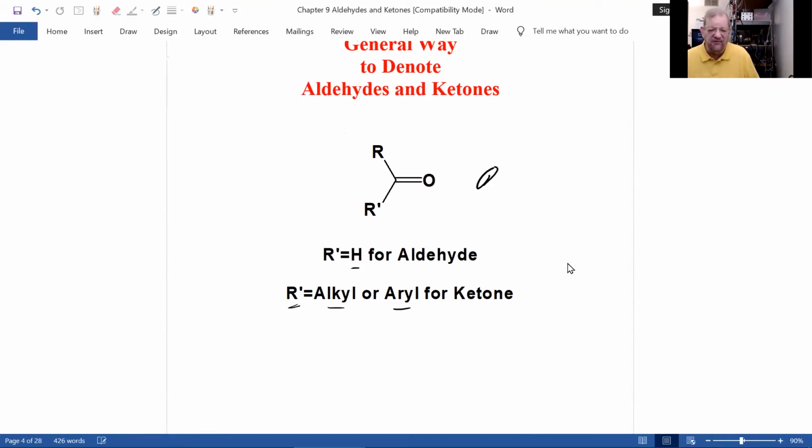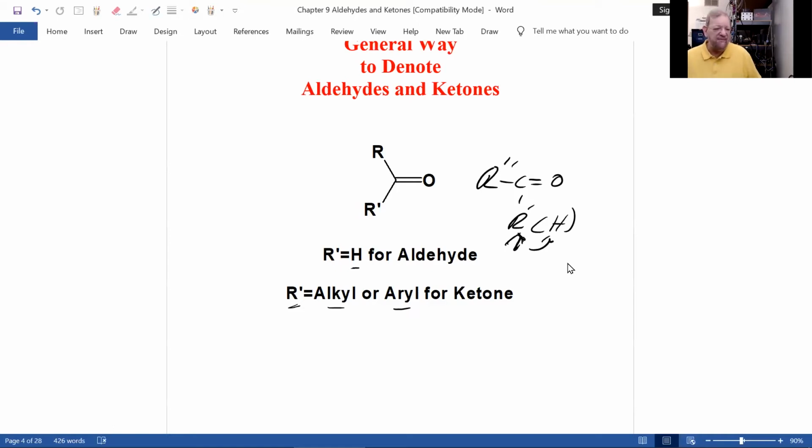And another way I'll do this, you'll see when we get into reactions, I'll do it this way. When R prime is hydrogen, it's an aldehyde. When R prime has carbons, it's a ketone.